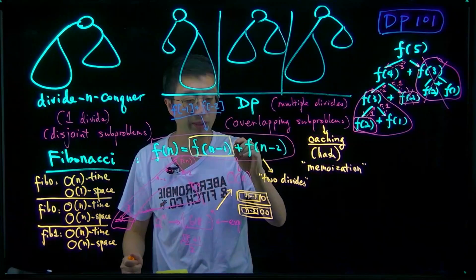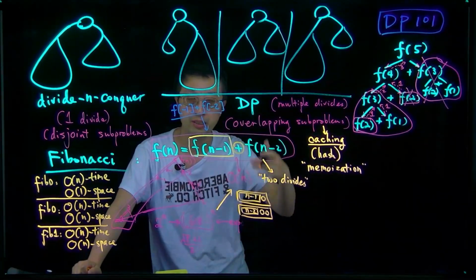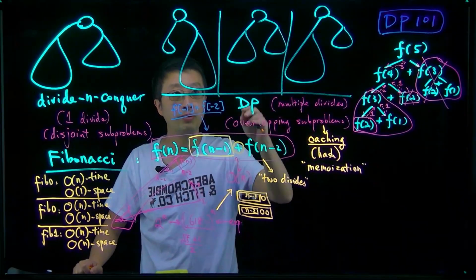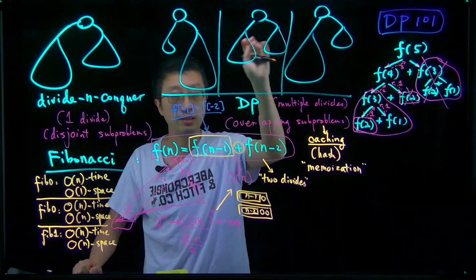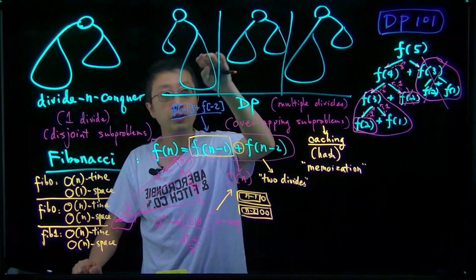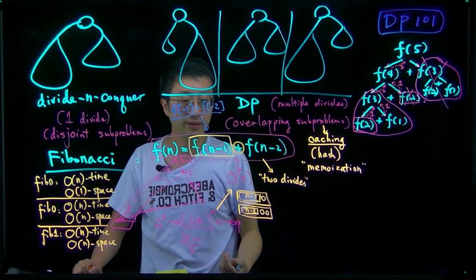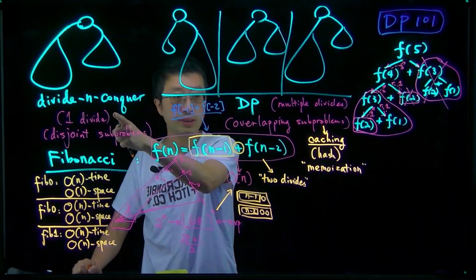And what about this operator here? This operator is the summary operator, not a concatenation operator. It's the summary operator that summarizes the individual solutions from different divides. We've never seen this operator before in divide and conquer, because there's no need.